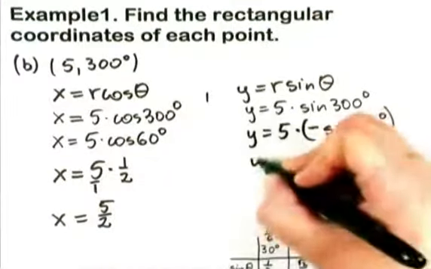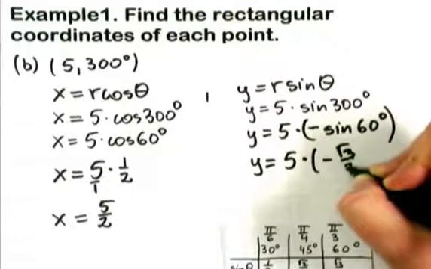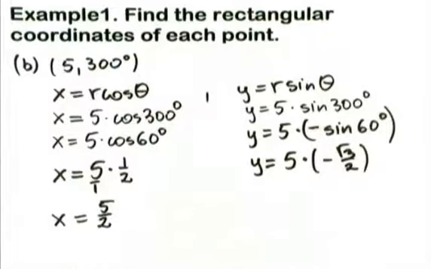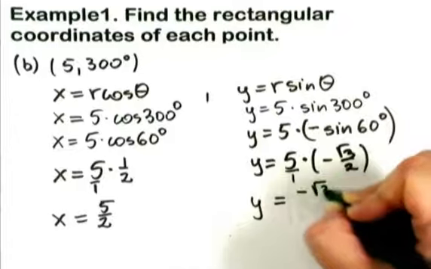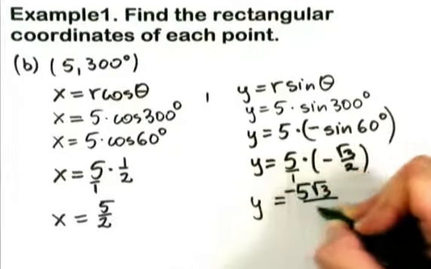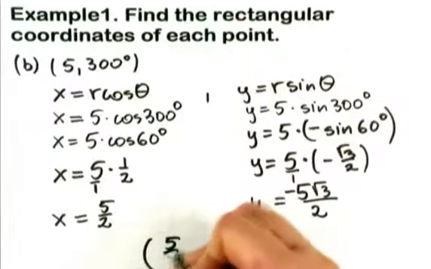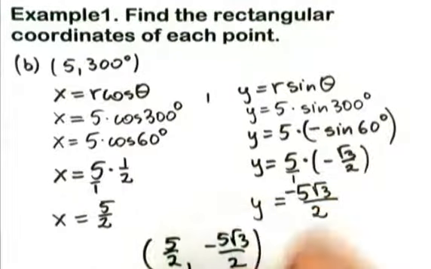So we have that y is equal to 5 times minus root 3 over 2. 5 is like 5 over 1. So y is equal to minus 5 root 3 over 2. So the rectangular coordinates corresponding to my point, x and y, are 5/2 and minus 5 root 3 over 2.